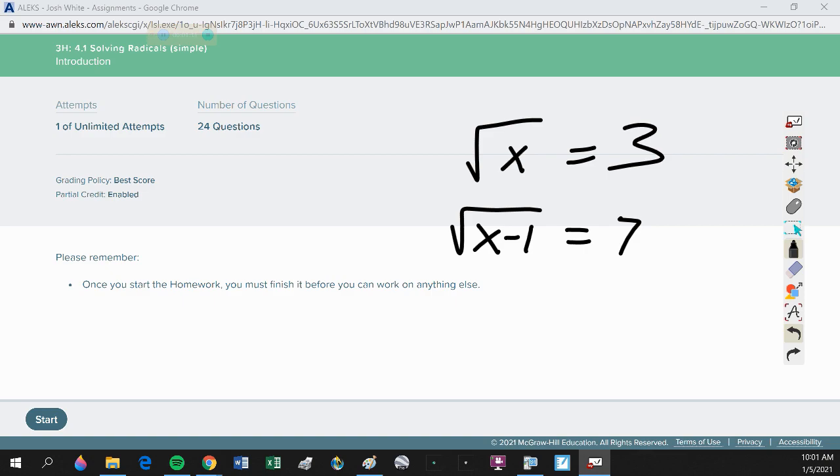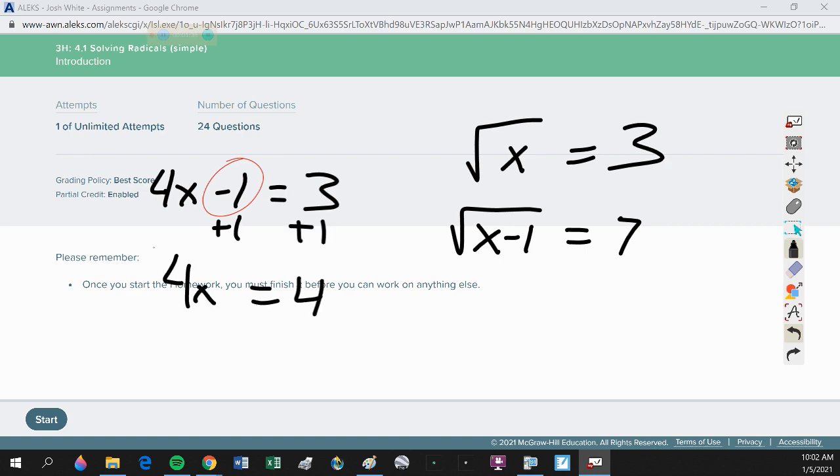But these are going to get even more complicated, so solving them in your head is not always going to work. So we need a way algebraically to solve this. And when we solve algebraic equations like this, then we just do the opposite of minus 1, which is plus 1. And then we do the opposite of multiply by 4, which is divide by 4, and I get x equals 1.